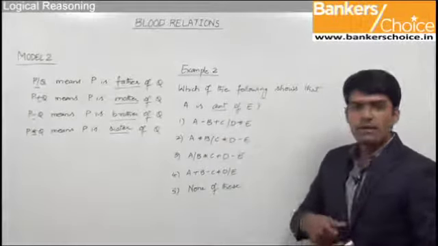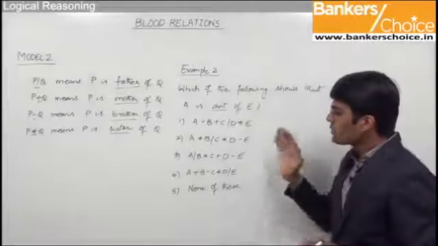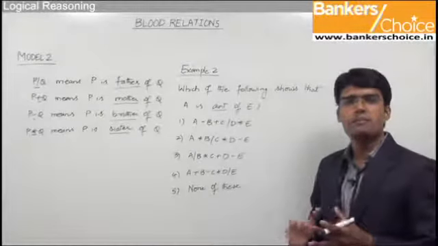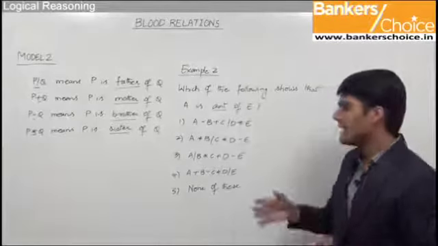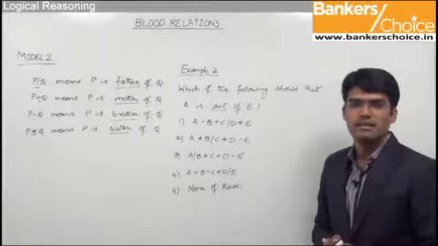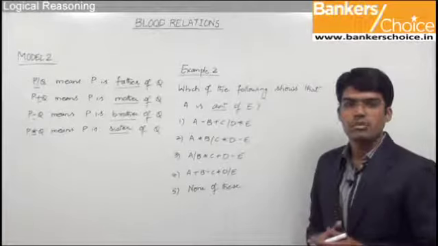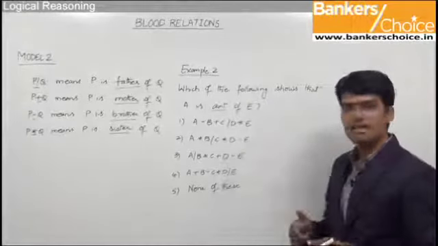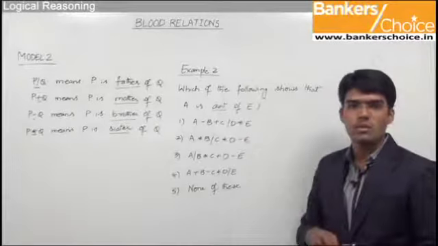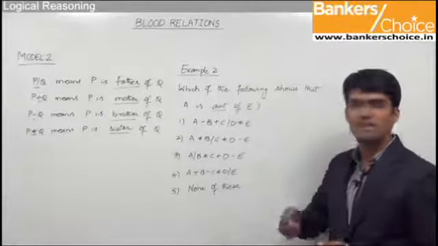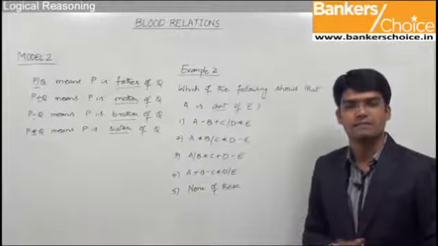Now again, as I've already told you in example 1, to solve these type of questions, generally people follow the conventional method of constructing a family tree. But that is going to take a lot of time in this case. What we can do here again is find out the generation gap and the gender in all the given equations, and whichever equation satisfies the relationship here, that can be taken as a correct answer.